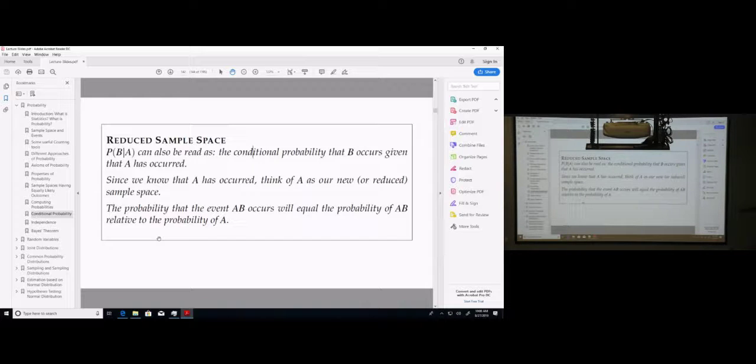But before we do so, we wanted to see it from the framework of probability. This is a reduced sample space. I will just read it out, but then I will draw a diagram to illustrate the point. The conditional probability of B given A can also be read as the conditional probability that B occurs given that A has occurred. Now, this is the proper way of stating the conditional probability.